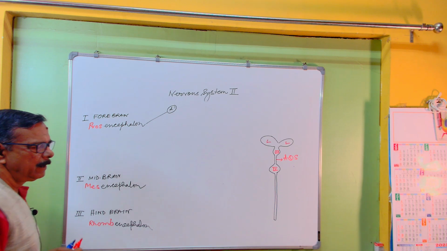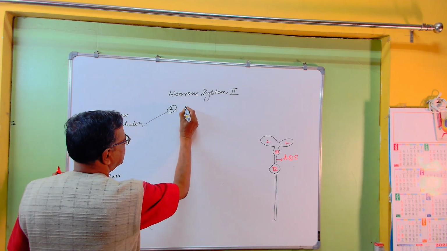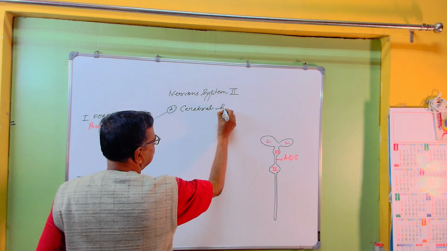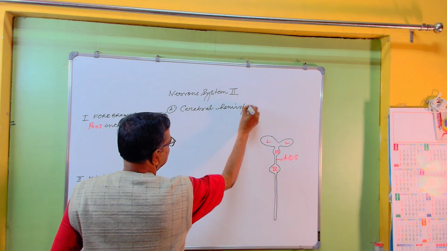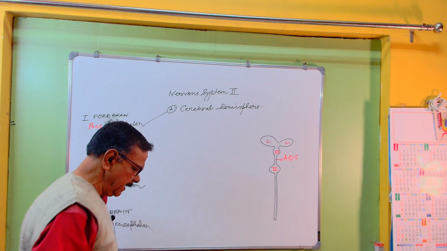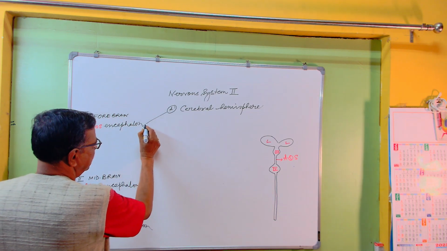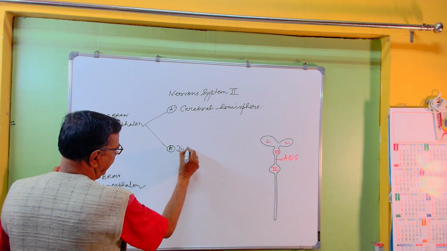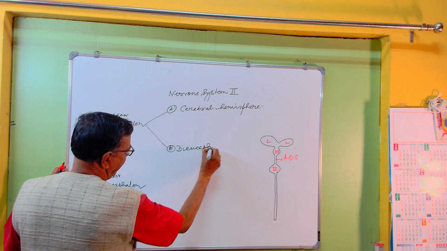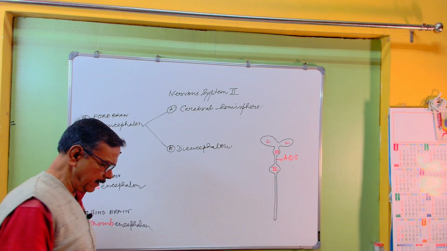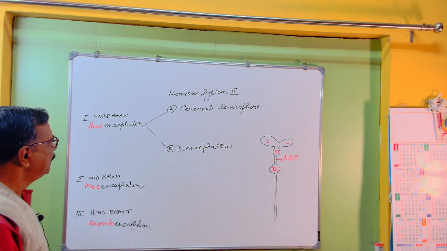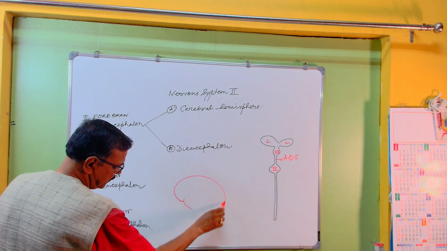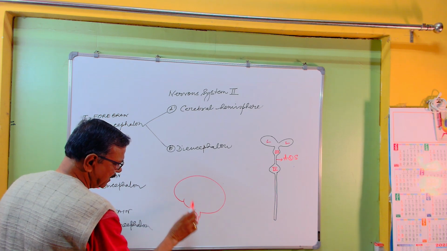A is the cerebral hemisphere, and B is the diencephalon. Now, this cerebral hemisphere is so developed that it covers the other parts of the brain.